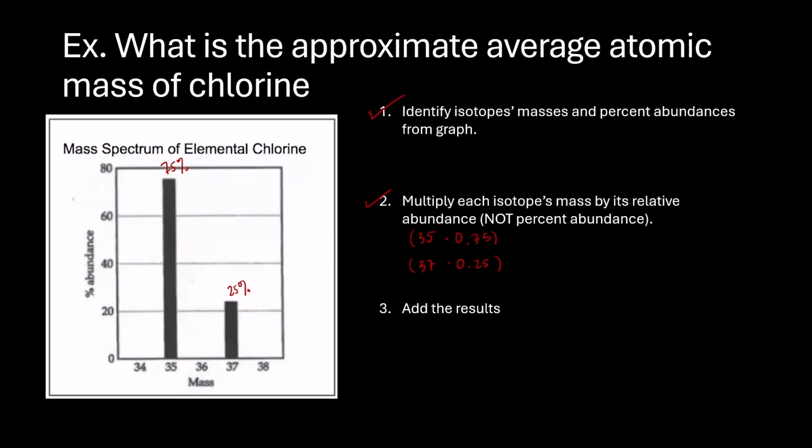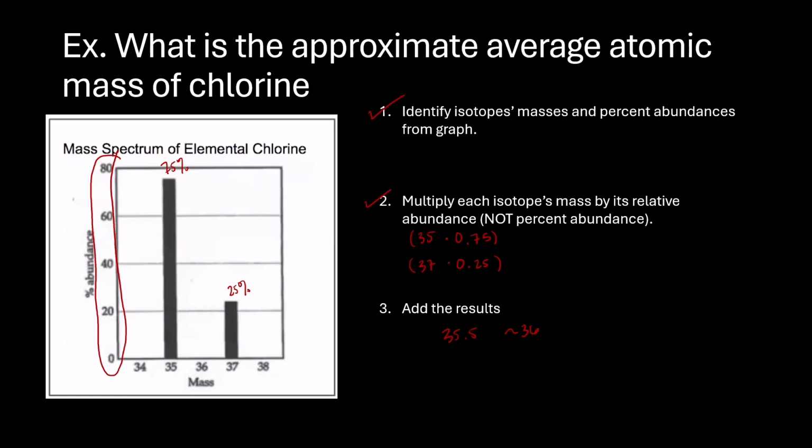And when I add those two, I should get 35.5. If it wants an approximation, the percent abundance isn't super specific over here, so I would probably round this to approximately 36 as your approximate average atomic mass, which is pretty close when you look at the periodic table.